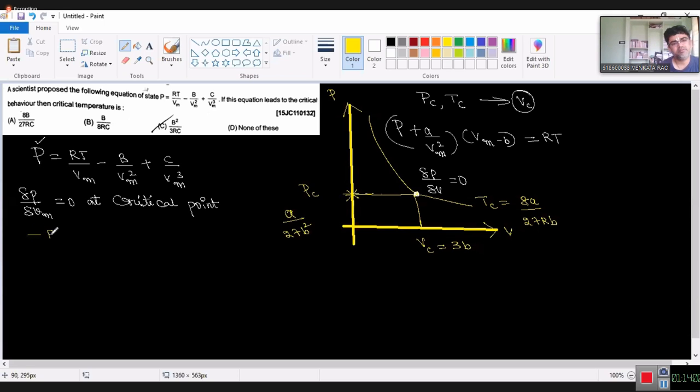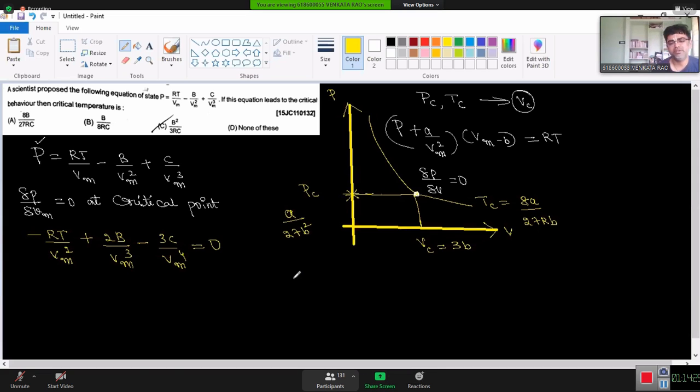This can be written as minus RT by Vm square, since the derivative of 1 by V is minus 1 by V square, plus 2B by Vm cube, and minus 3C by Vm to the power of 4, that is equal to 0. Any questions?